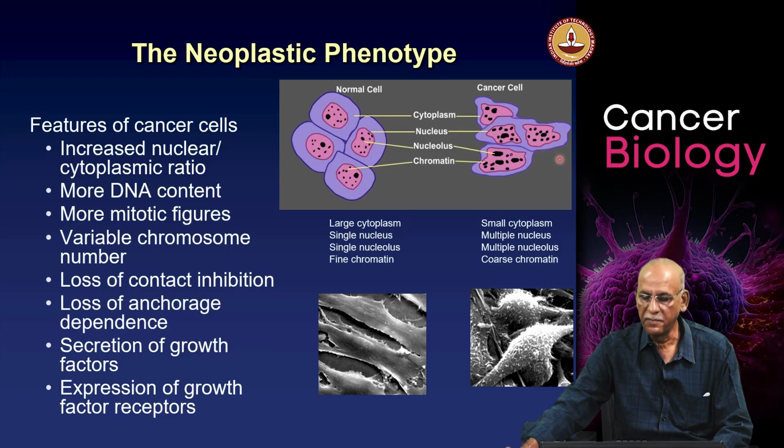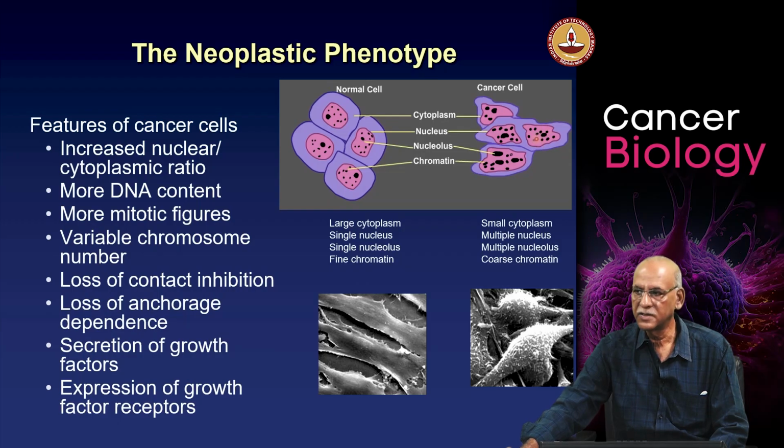That is typical, and the cells are also a little more elongated than normal cells. You can define that as increased nuclear cytoplasmic ratio, more DNA content and more mitotic figures. You see so many dots in the nucleus of the cancer cells.